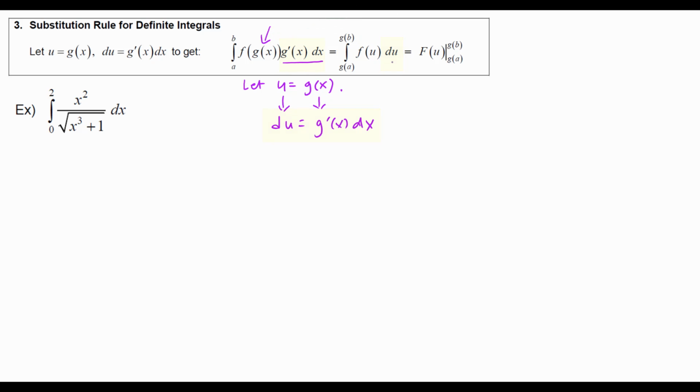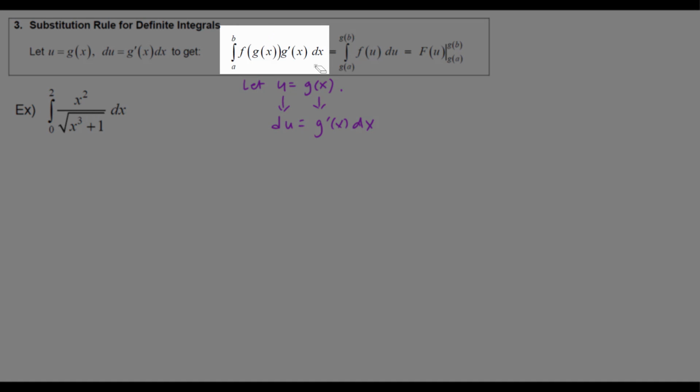Now, in an indefinite integral, we would just take the integral of that, and then we had to do the back substitution. But with the definite integral, we are going to find the upper limit and lower limit for u. In the original integral here, these limits were limits for x.